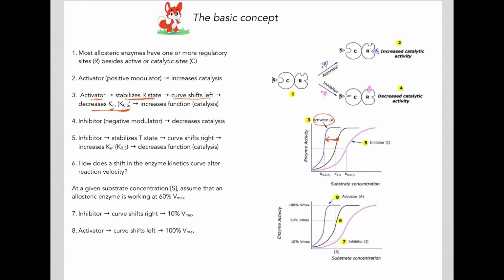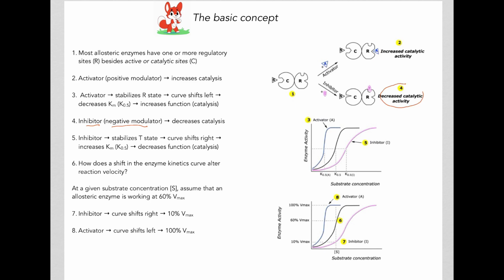So there is a decrease in the Km or K0.5, and when there's a decrease in K0.5, there's an increased function, increased catalysis. So a shift to the left means the K0.5 will decrease and the activity of the enzyme will increase.